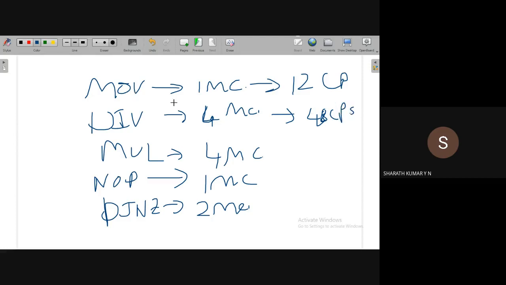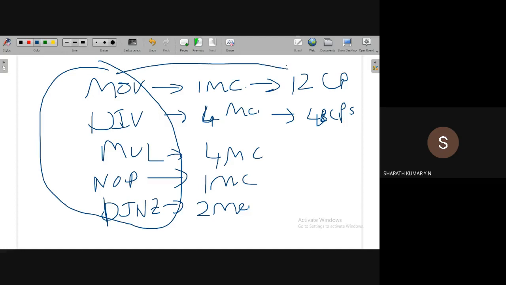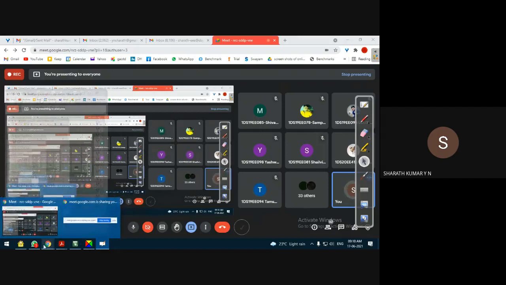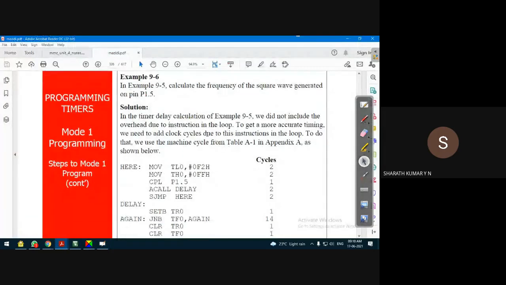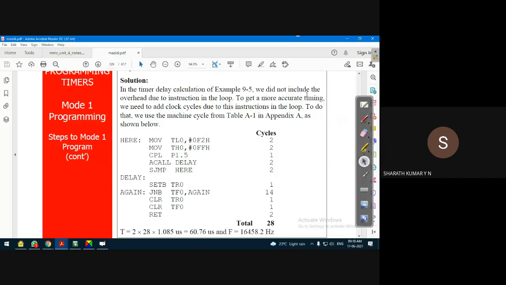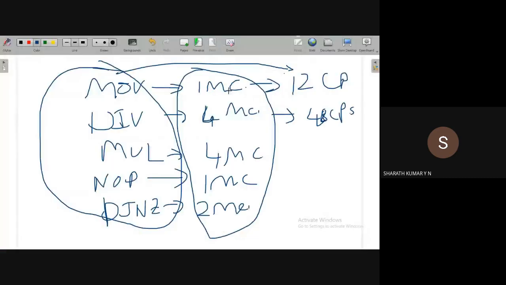So each instruction takes a different number of cycles to execute depending on its complexity, which is identified using machine cycles. Let us discuss that now. What is the effect of these machine cycles?